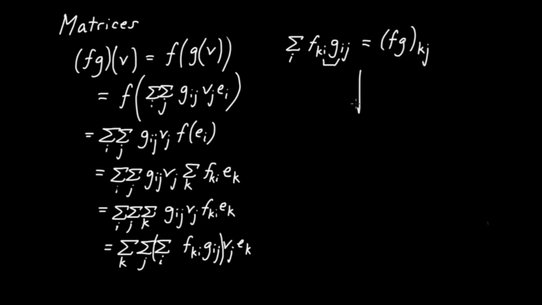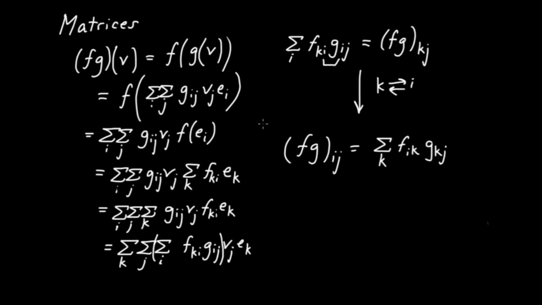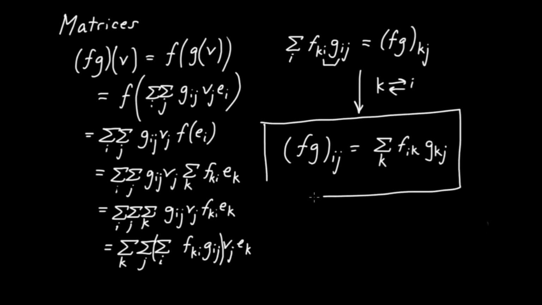To make this a little clearer, you can just flip the letters k and i around. Where you see a k, replace it with an i. Where you see an i, replace it with a k. And so we may write this formula in a perhaps more familiar way: the ij-th entry of fg is given by the sum over k of f_ik g_kj. That's probably a more familiar form, just in terms of the conventional letters.